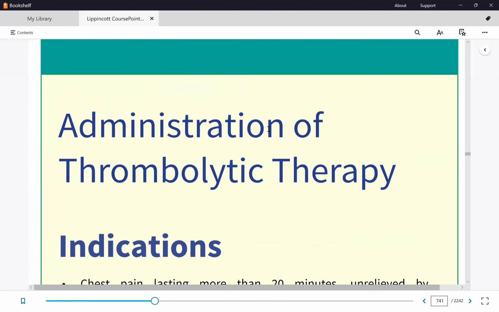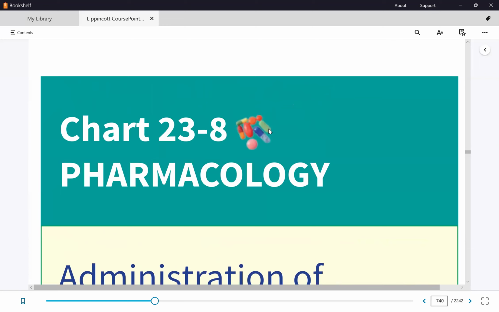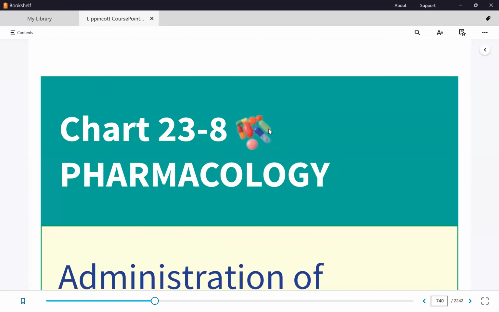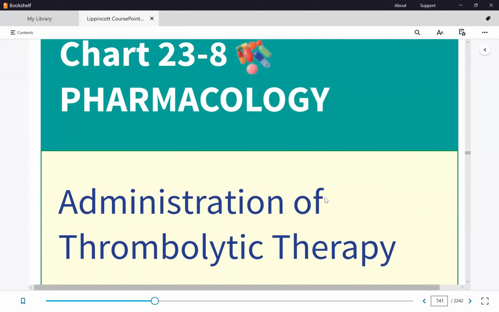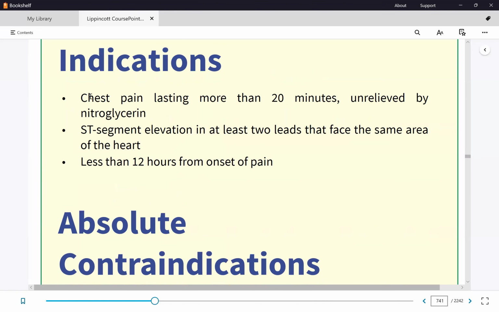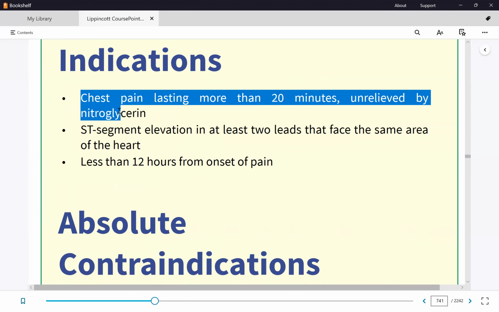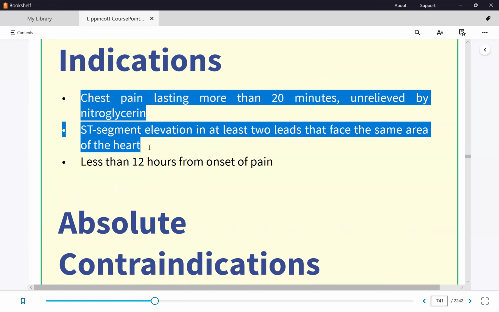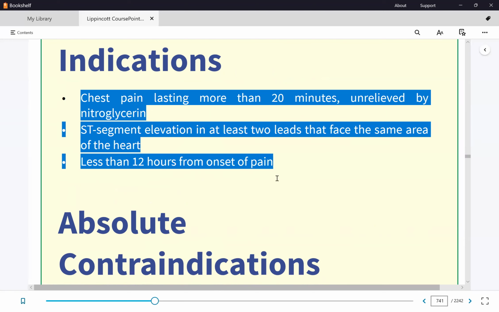Since this is here and under stroke, I will test this again. So this will be tested twice, once in exam 1, second one on exam 2. So these are your indications. Definitely the patient has an MI, and less than 12 hours from the onset of pain.